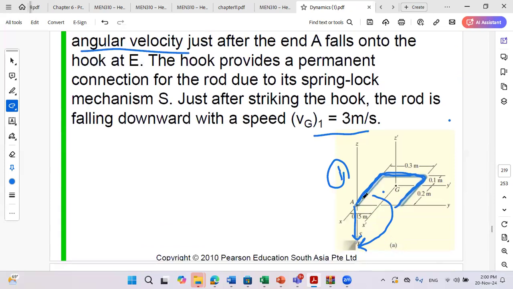What will happen is that this will fall down and it will be in contact. It was first in this position. It will fall down, and once it reached this position, at point A, they give us that the rod is falling downward with a speed vG1 of 3 meters per second.